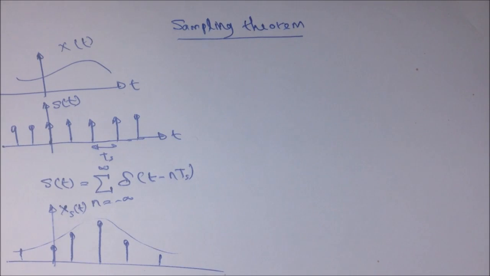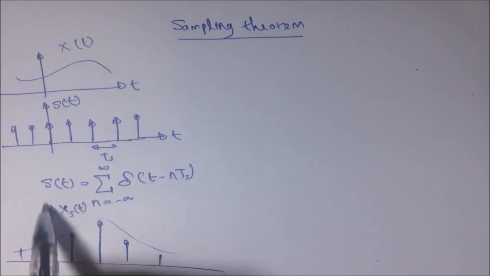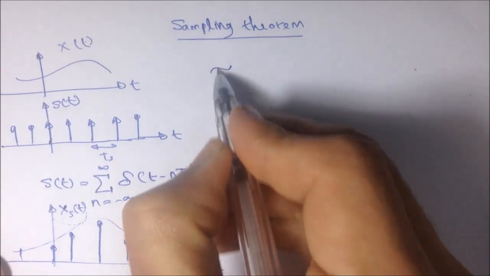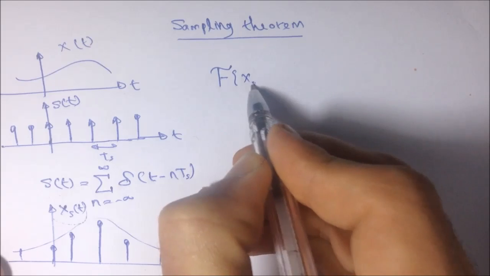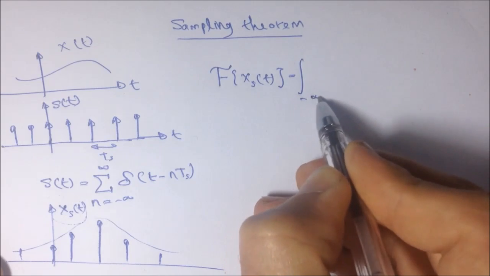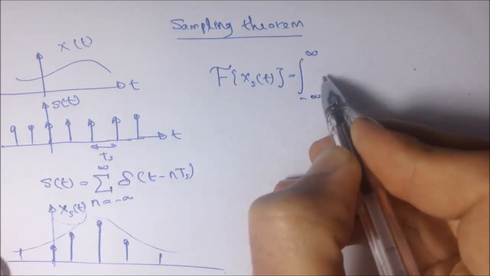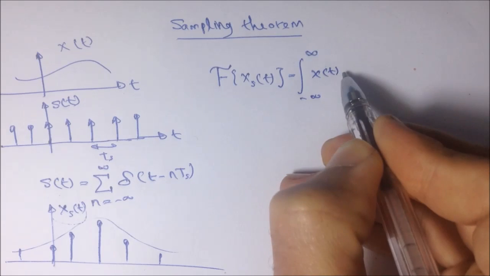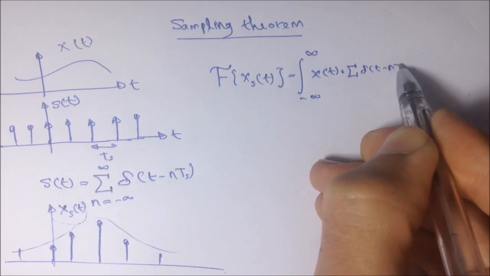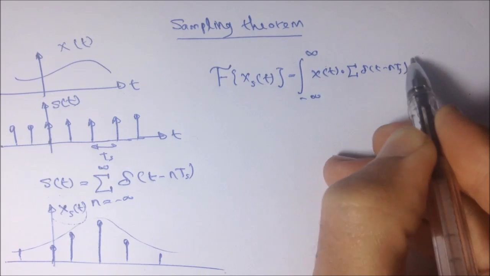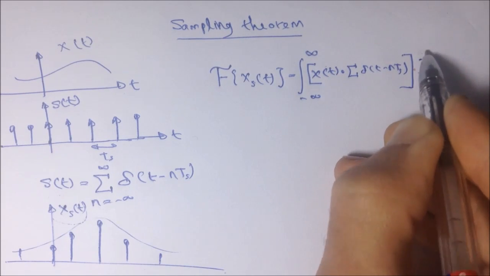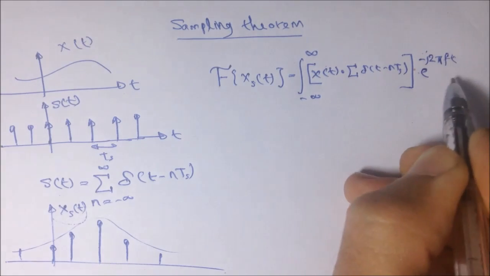Now let's try to evaluate the spectrum of xs of t by applying the Fourier transform. So the Fourier transform of xs of t is equal to the integration of xs of t, which is basically x of t times the summation of delta of t minus nTs, the sampling train, times e to the minus j 2 pi f t dt.